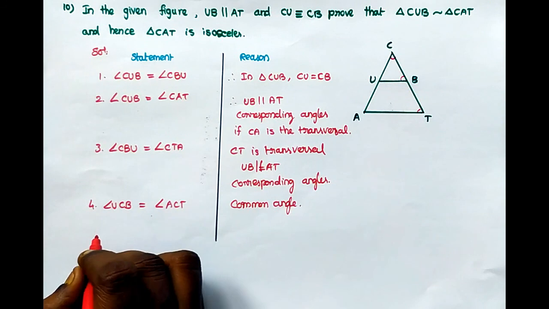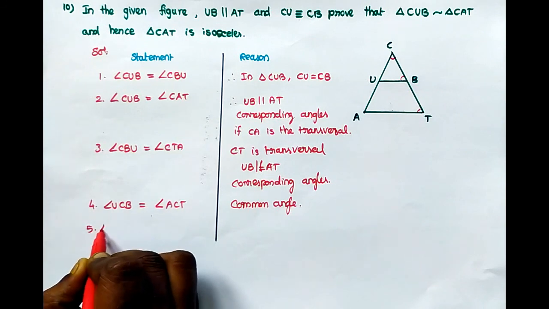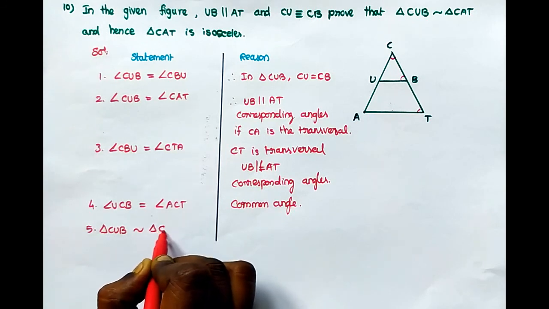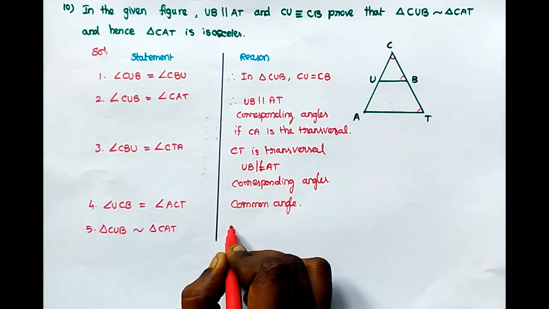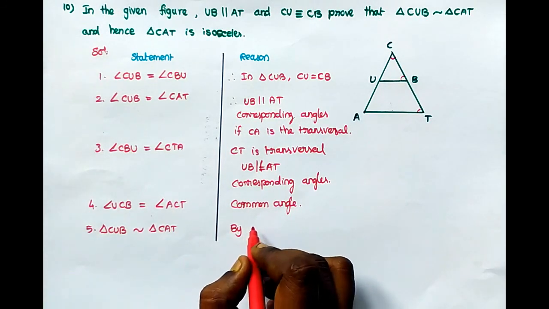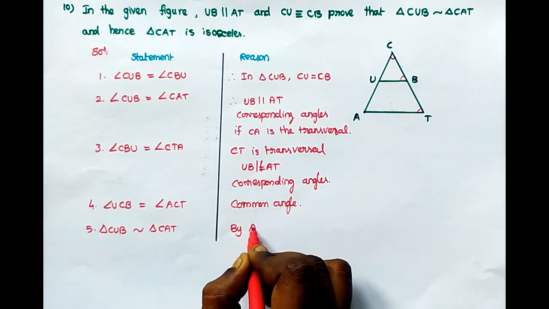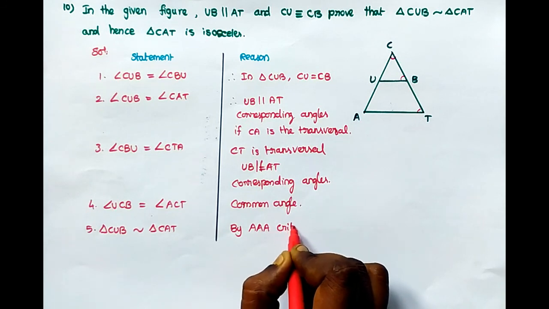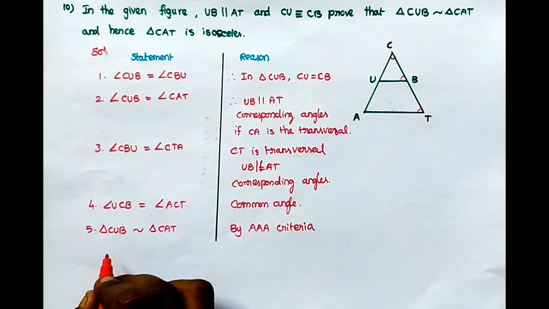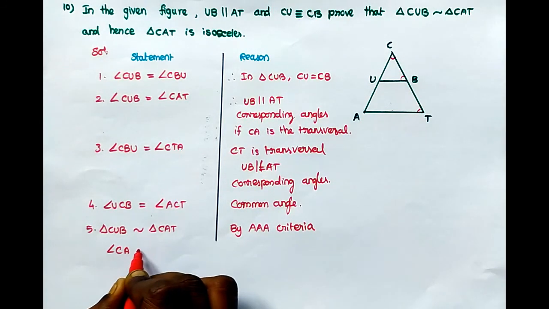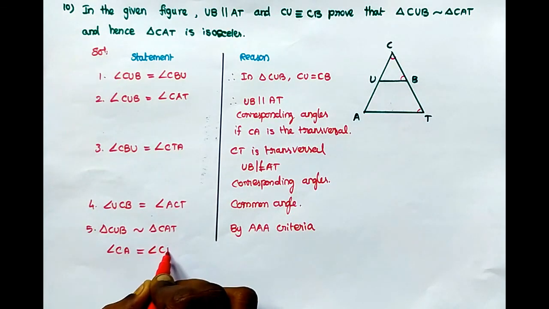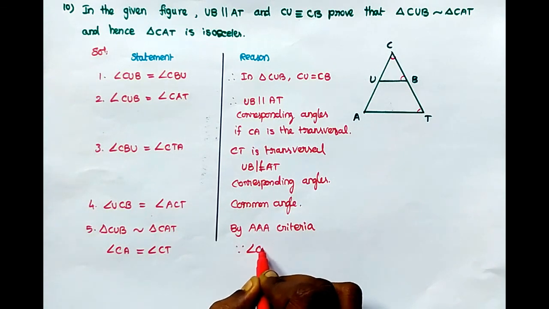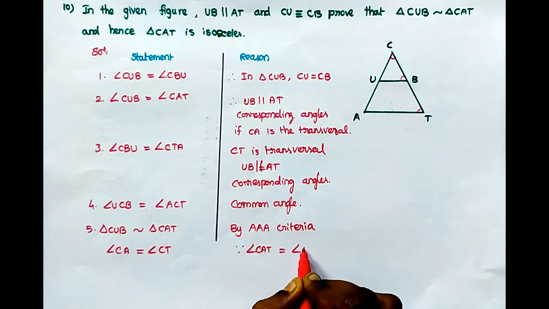Next, triangle CUB is similar to triangle CAT by which one? Three angles, angle criteria. Here CA equal to CT, since angle CAT is equal to angle CTA.